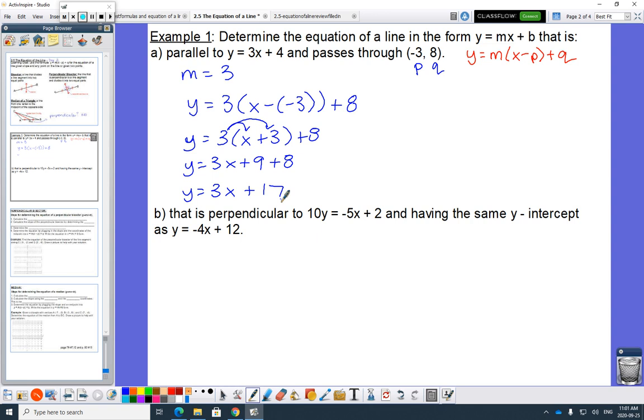Okay, so it says perpendicular to 10y equals negative 5x plus 2 and has the same y-intercept. So we can do something with the perpendicular part, except this equation is not in y equals mx plus b form. So there's a little bit extra work here.